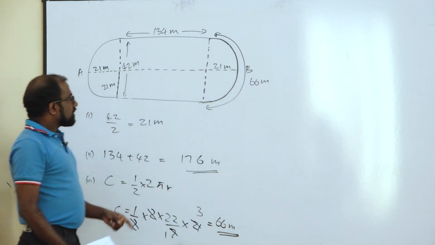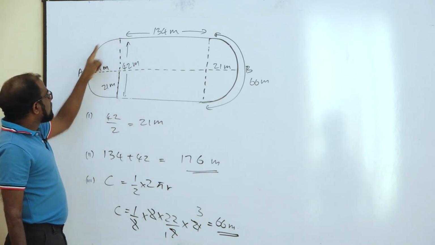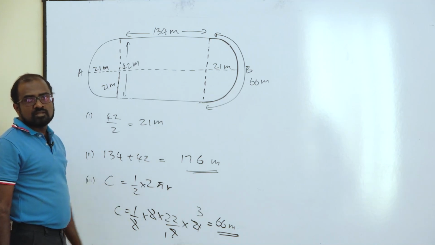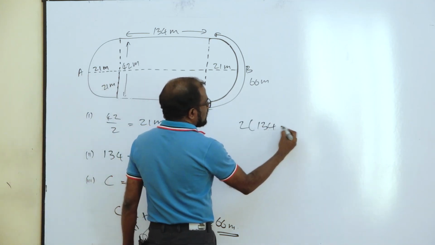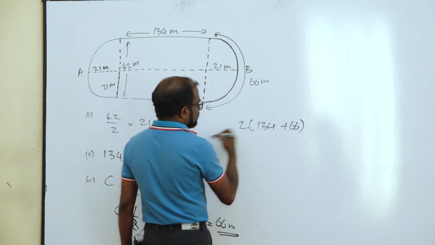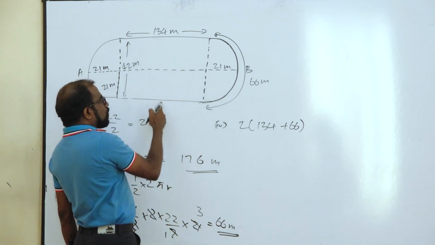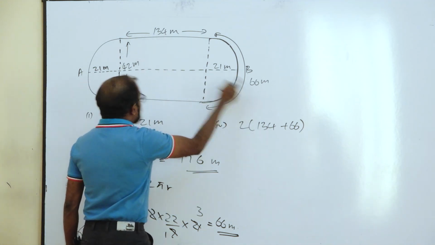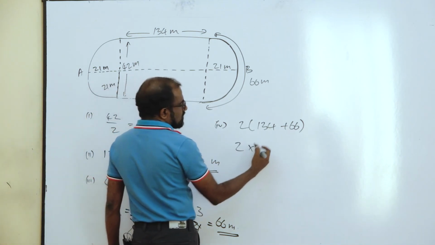Then this length is again 134. This semicircular part is again 66. Now, 2 times 134 plus 66. Right? 2 times, why? 134 also there are 2. 66 also, so then 2 times, what is the answer?